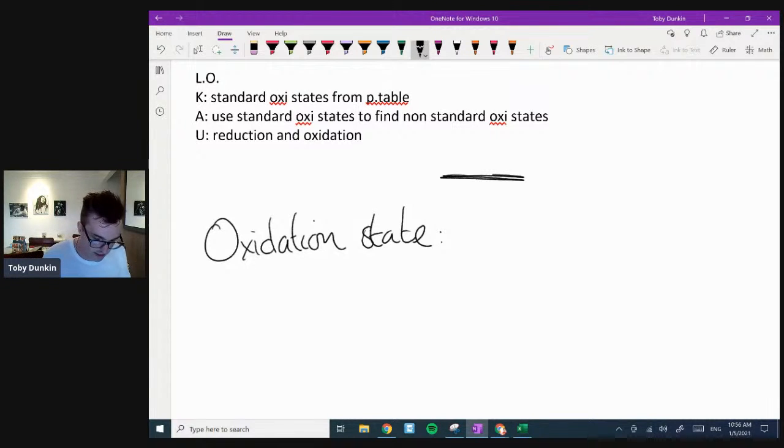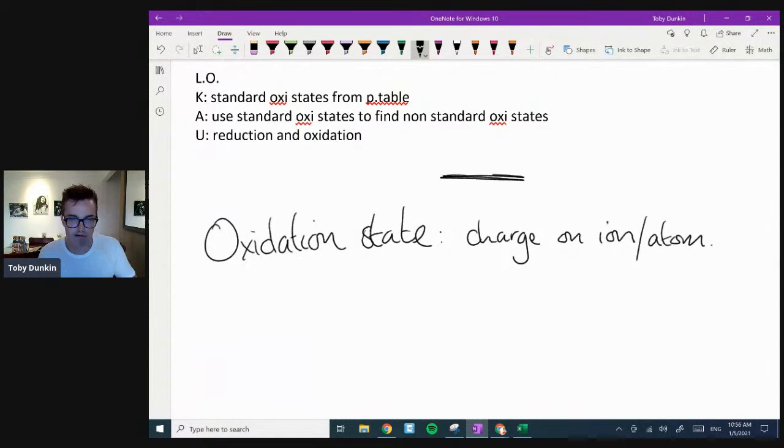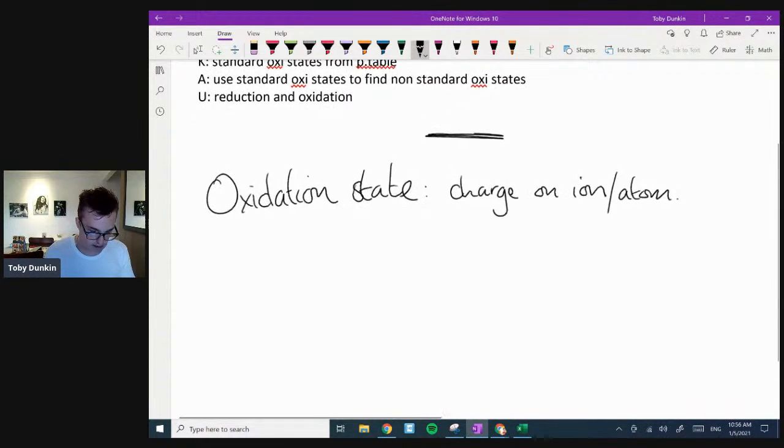So oxidation state literally means charge on atom/ion. Now, I shouldn't actually do that, really. I should really do ion. But the problem is when it's inside a molecule, you can't really deem it as an ion specifically. So I'm going to put atom and ion. And I'll try and clarify that when we have a look at certain questions.